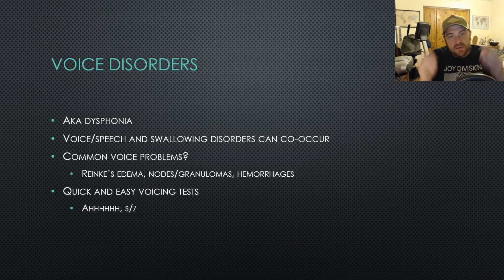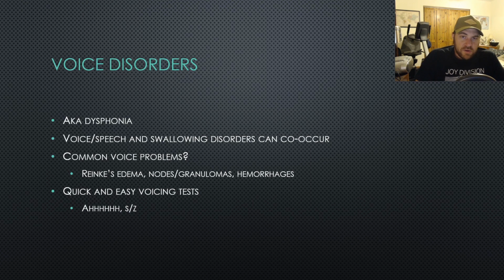For a Z, you're adducting the vocal folds and doing the same thing. So you should be able to produce those equally as long with a tiny bit of slop in there. But approximately 1 to 1 is exactly what you're looking for.